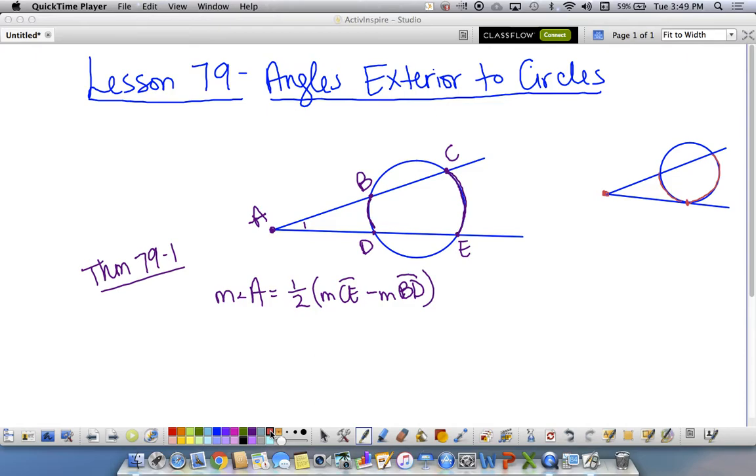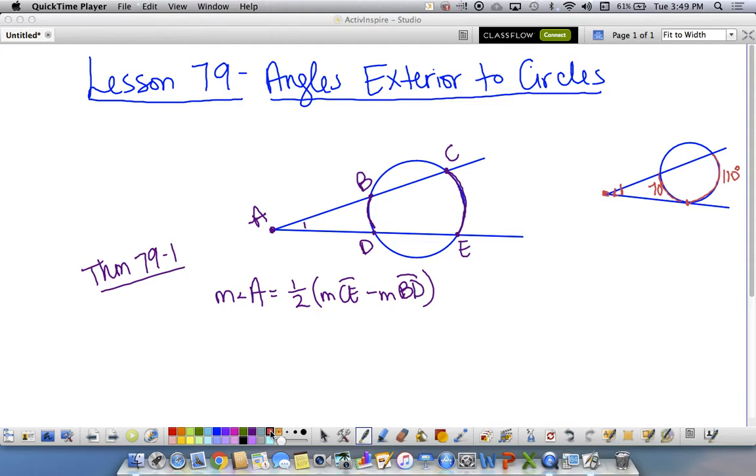Okay, so let's give some numbers. If this arc over here is 110 degrees, and the other arc is 70 degrees, can you find the measure of angle 1?